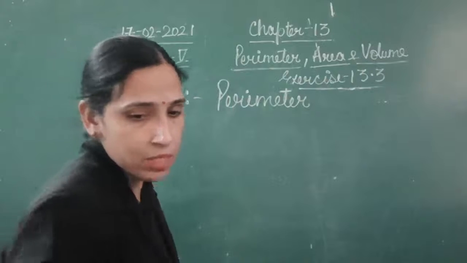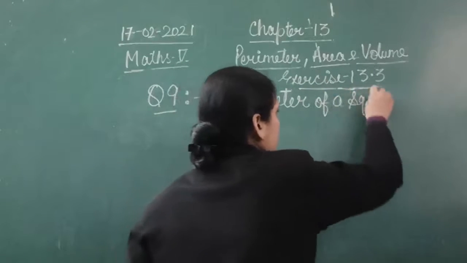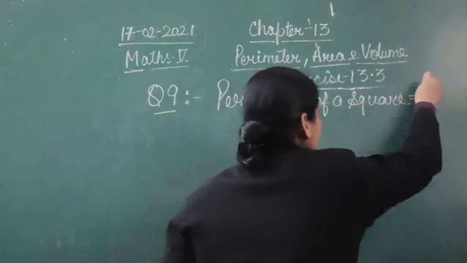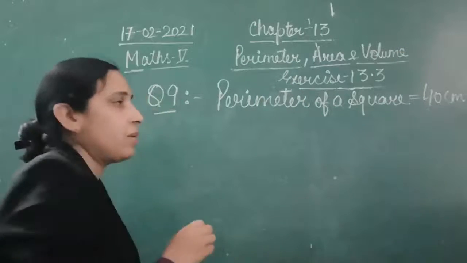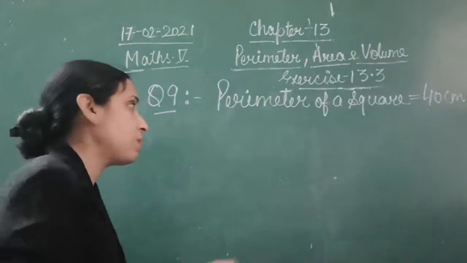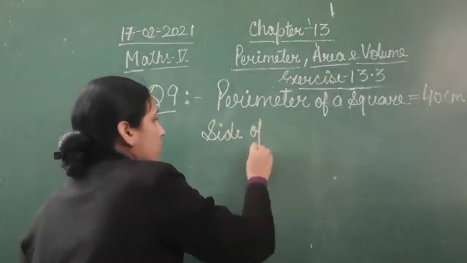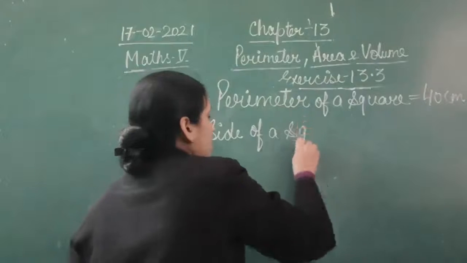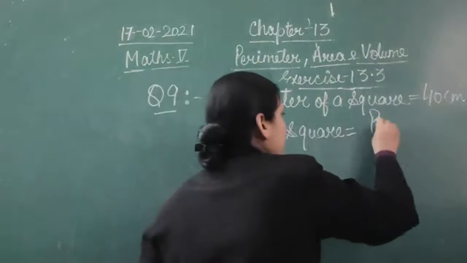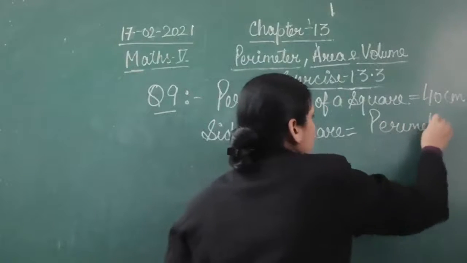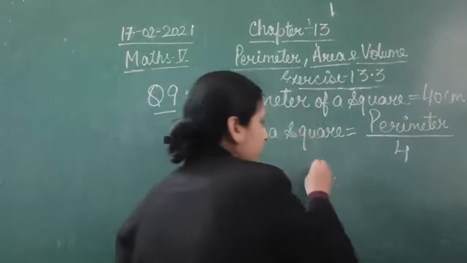The perimeter of a square is 40 centimeter. We know the formula: side of a square is perimeter divided by 4.